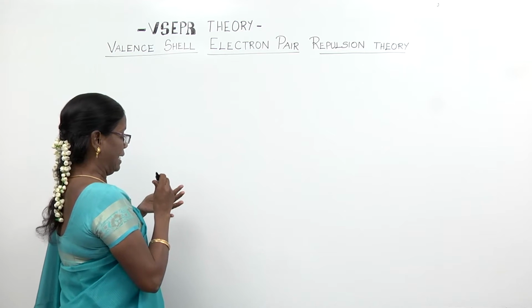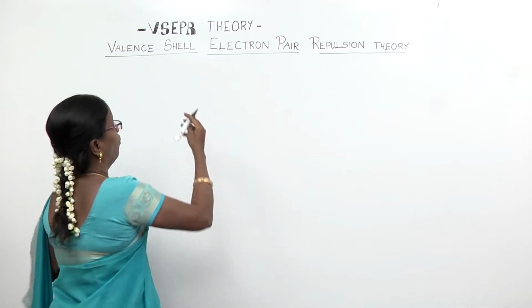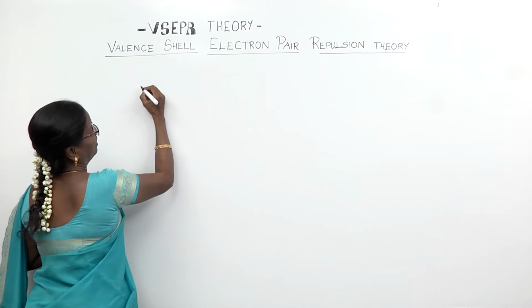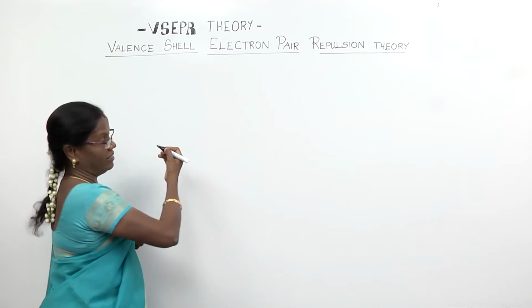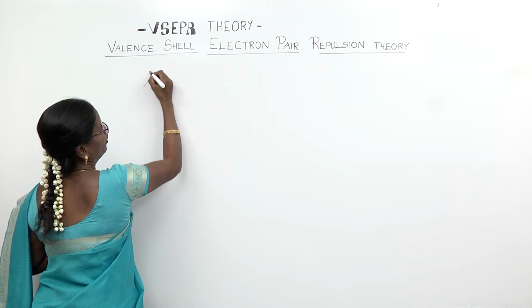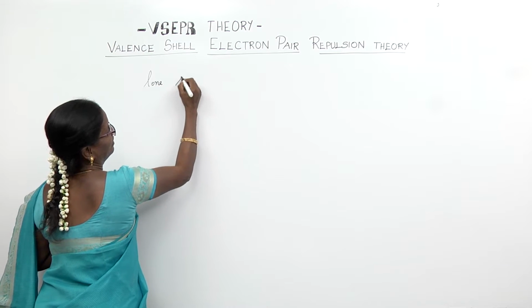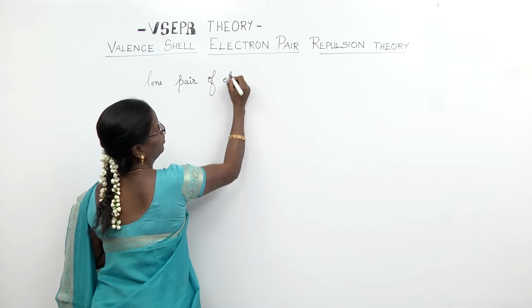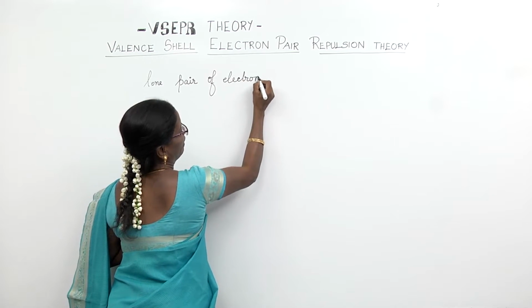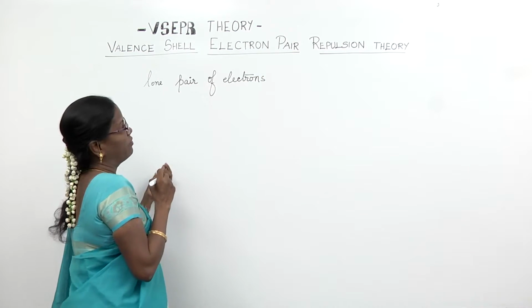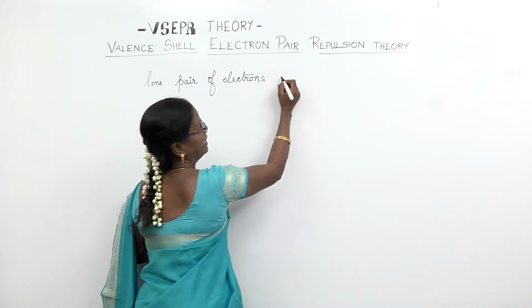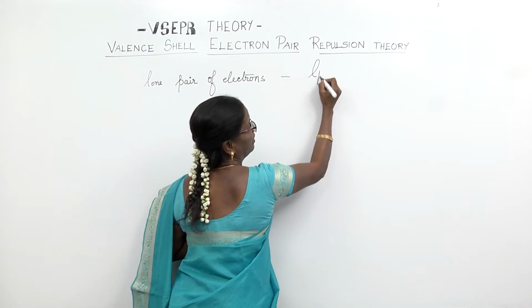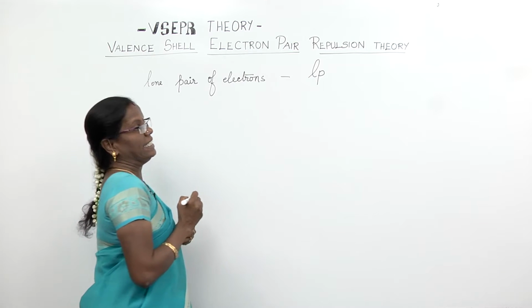Now let us see how we can denote these pairs. A lone pair of electrons can be simply denoted as LP.